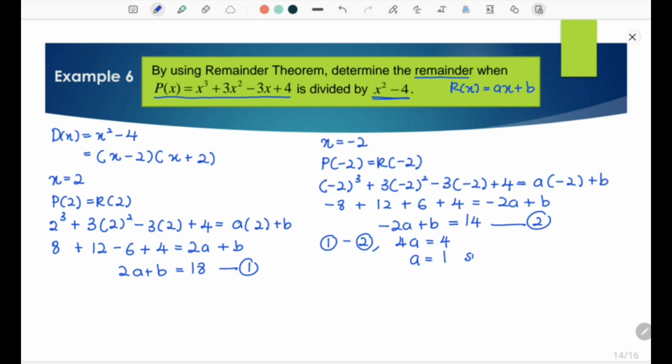So I will substitute into equation 1 to find the value of b. So we have 2 times 1 plus b equal to 18, and then we have b equal to 18 minus 2, which is 16. So now we can substitute the values a equal to 1 and b equal to 16 in the remainder, which is r(x) equal to ax, which is 1 times x is x, plus b is 16. So therefore r(x) equal to x plus 16.